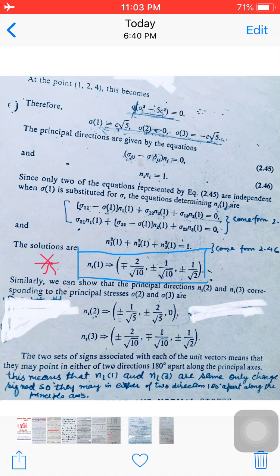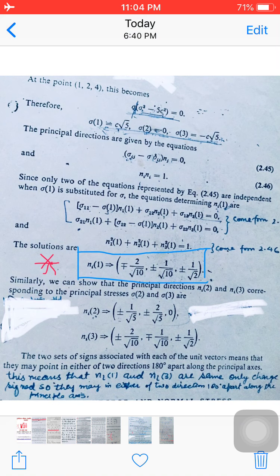Okay, so this is a very typical form which we show how it is obtained in the next slide, but here we write directly the value of ni1, and similarly on solving for i equals 1, 2, 3, we get ni2 and ni3.